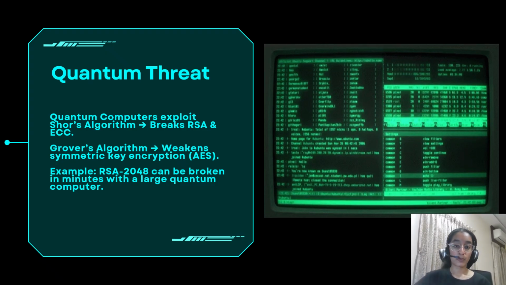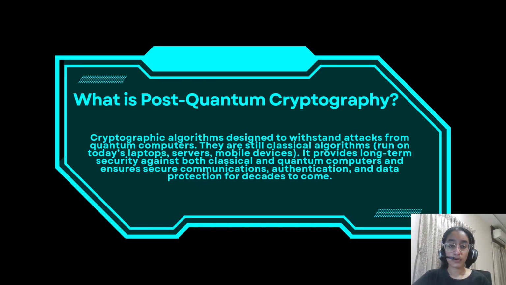Next, the quantum threat. Quantum algorithms make today's cryptography vulnerable. RSA or ECC can be broken, and AES is weakened, demanding a shift to post-quantum cryptography. Post-quantum cryptography, also called PQC, is not about building quantum computers.